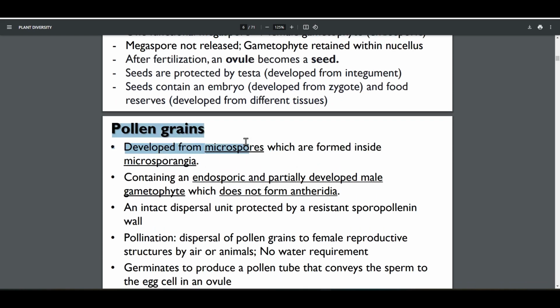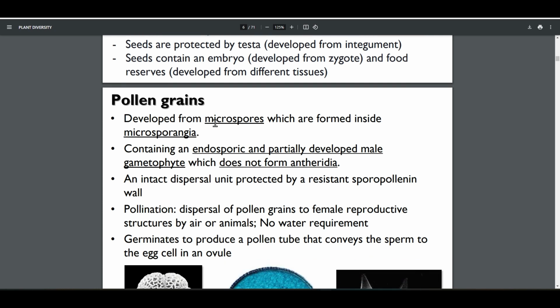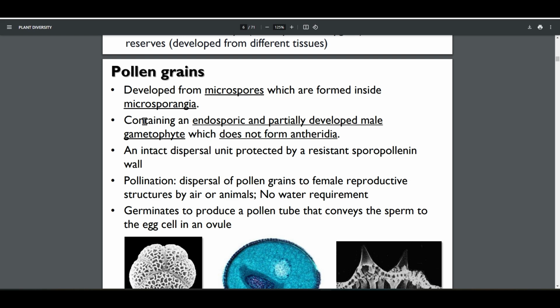And for the males, we have the pollen grain. The pollen grain is developed from microspores, which are formed inside the microsporangia. Nothing new there. So the microspore will develop into the pollen grain, but inside it will have a partially developed male gametophyte.